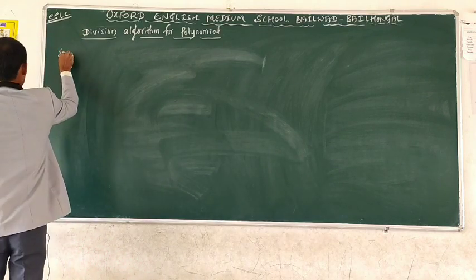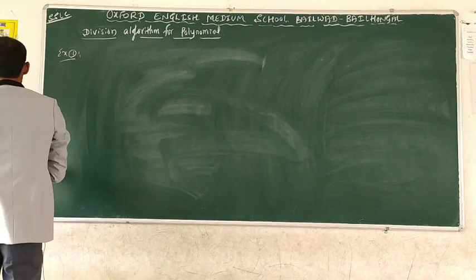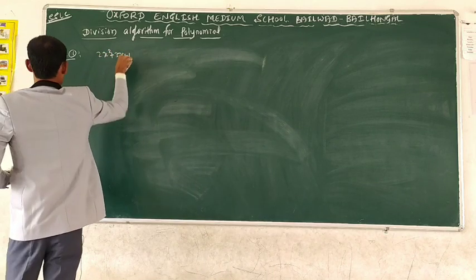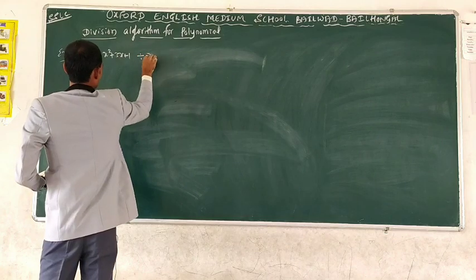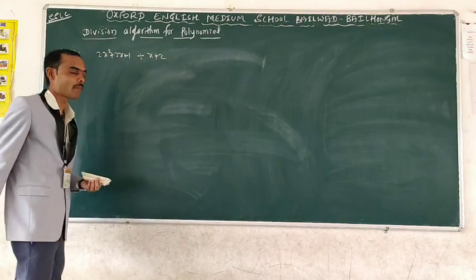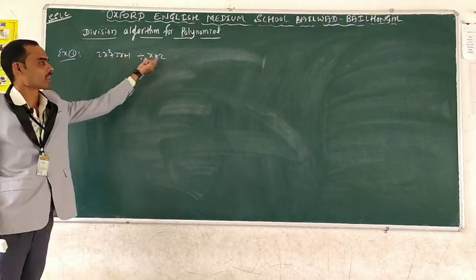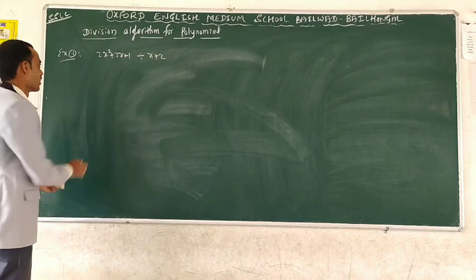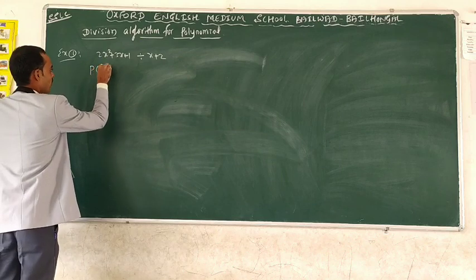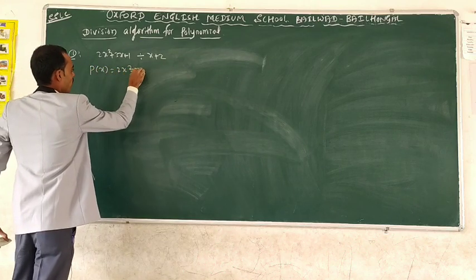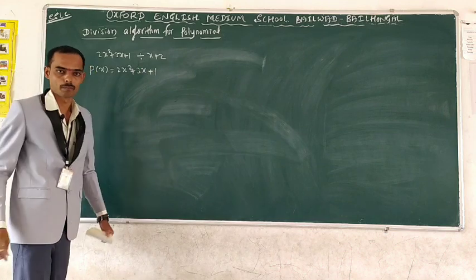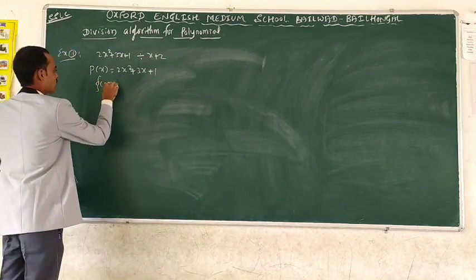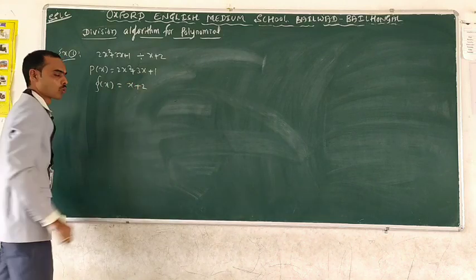Example number 1: 2x square plus 3x plus 1 divided by x plus 2. This is the dividend, so p of x is equal to 2x square plus 3x plus 1, and g of x is equal to x plus 2.